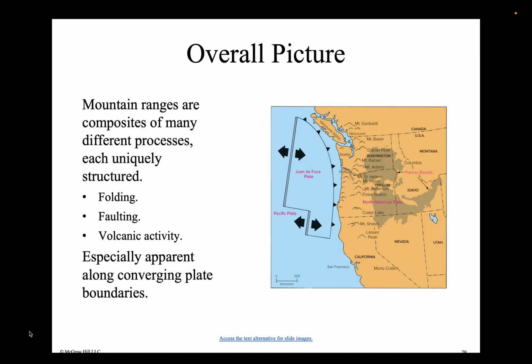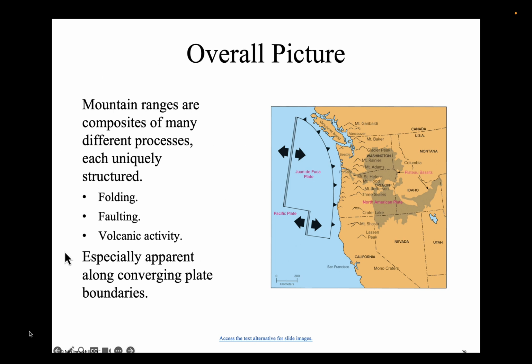Overall, I think this class is just very simple. So mountains or mountain ranges, they can be composed of many different types of rocks, mainly sedimentary rocks in the examples I showed you, and they can be formed by these processes called folding, faulting, or volcanic activity.